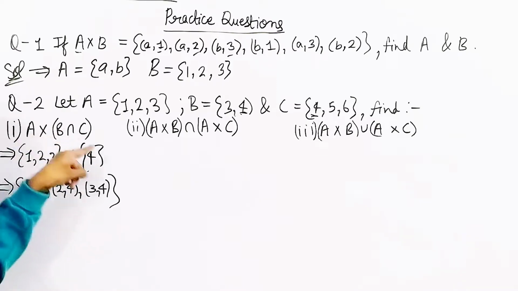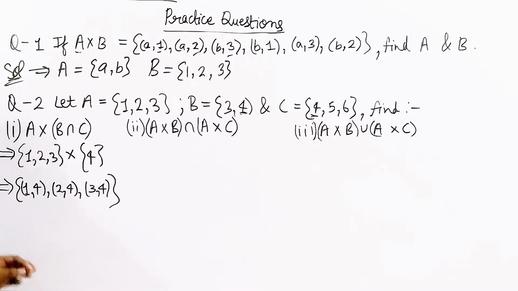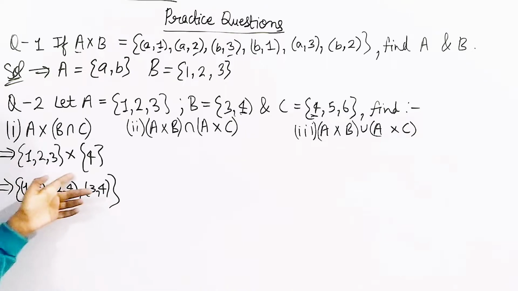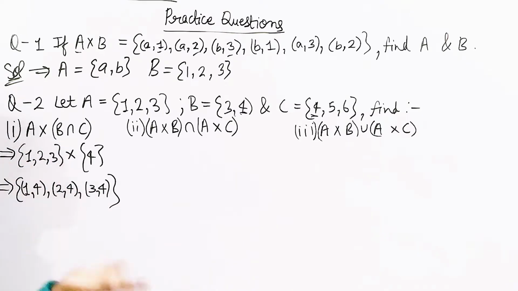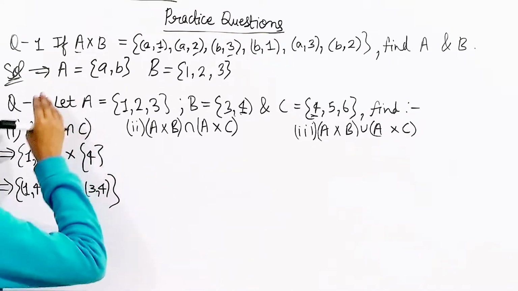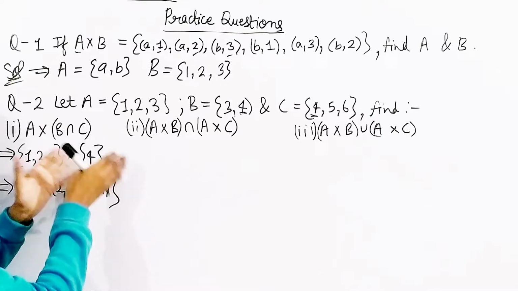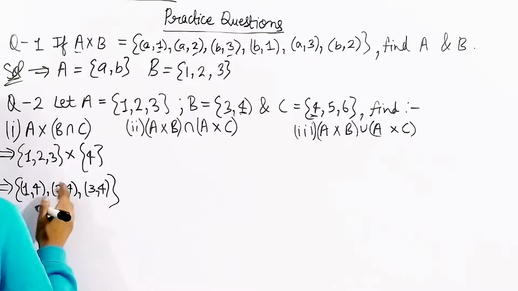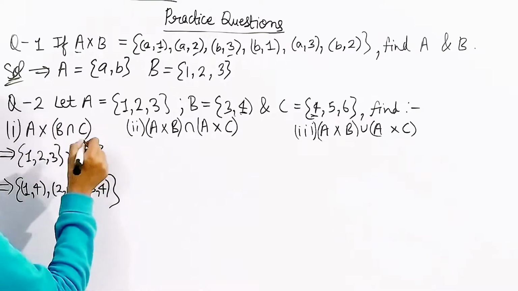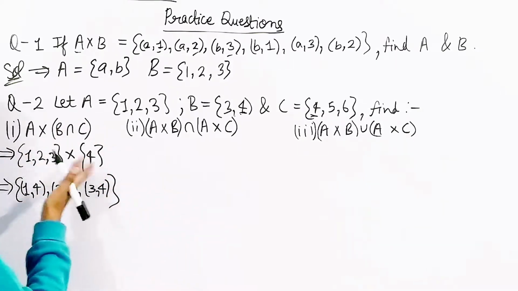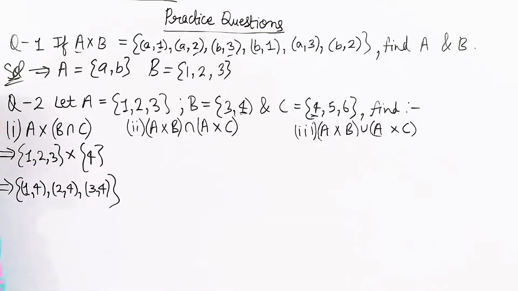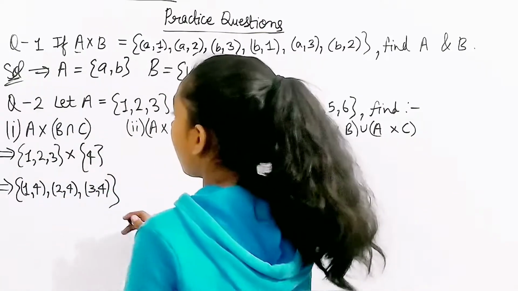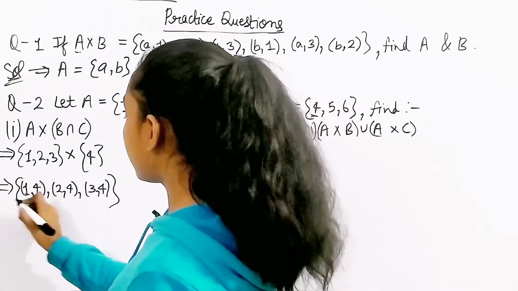As you know, A was coming first, so according to it I did the cross product, from the elements of A to B intersection C. As there is only one element, I just made pairs with it: 1 to 4, 2 to 4. So we've done this and found our answer.